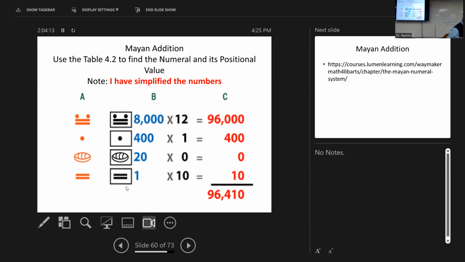When you have 2 bars is equal to what? 10. So 10, and again, you need to have this positional value. We are not Mayan. We don't have these memorized. The positional value for the first number.